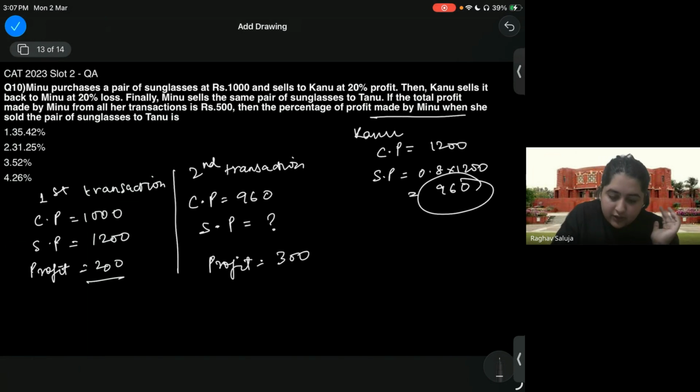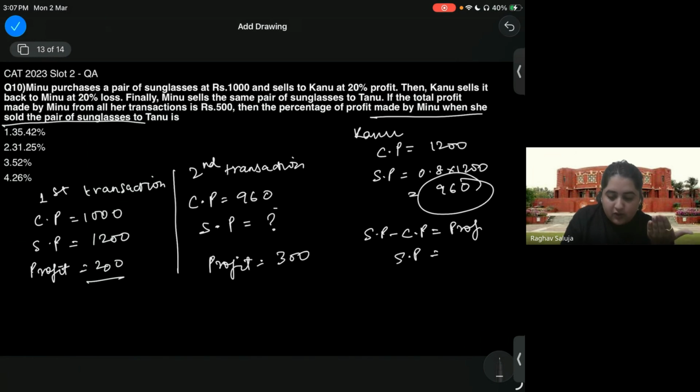And then we have to find the profit percentage when she sold the pair of sunglasses to Tanu. So when our cost price is 960, our profit is 300, our selling price is going to be, because selling price minus cost price is equal to profit, profit which is 300 plus our cost price, which is 960. So 1260 is going to be our selling price.